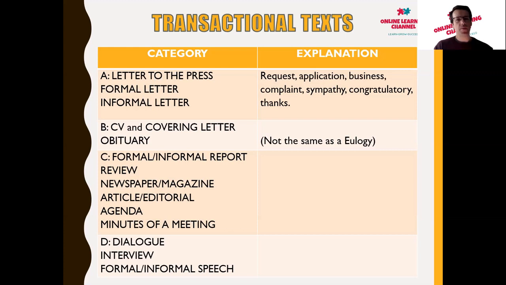It's often a request, an application, a business-orientated piece, a complaint, looking for sympathy, a congratulatory text, or even a word of thanks. This can all form part of the theme that would typically define your particular piece.